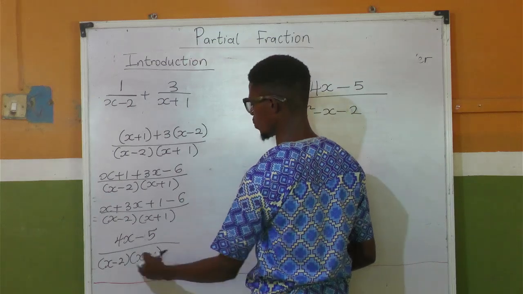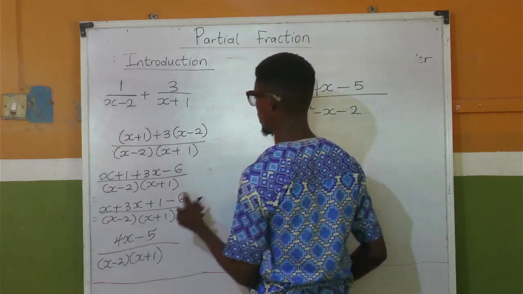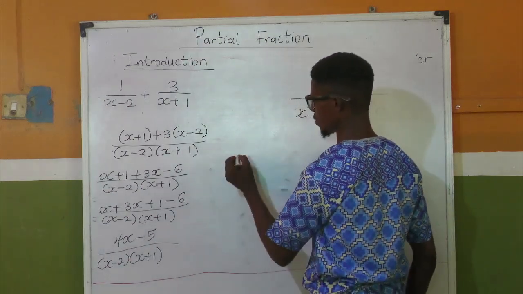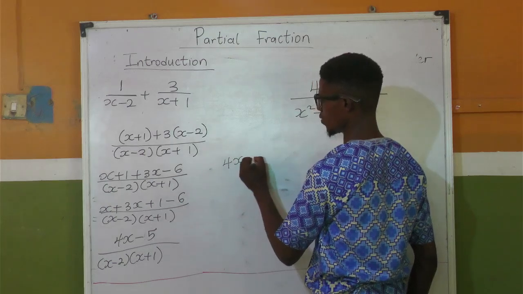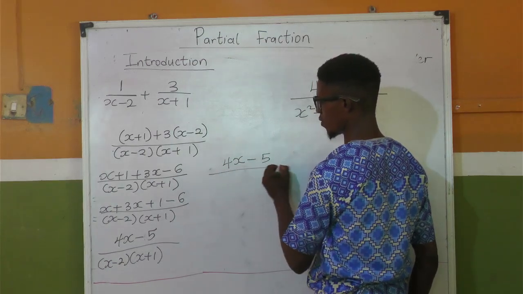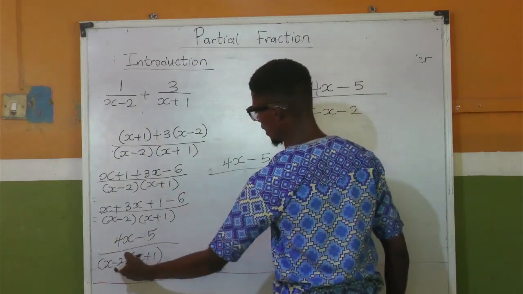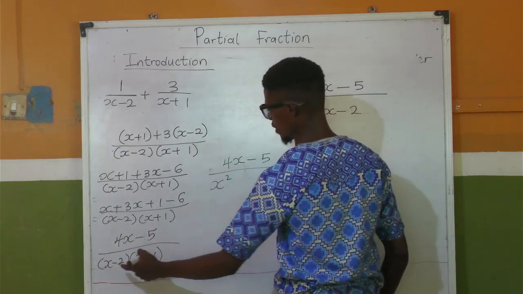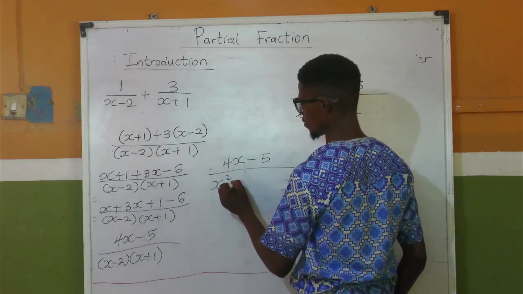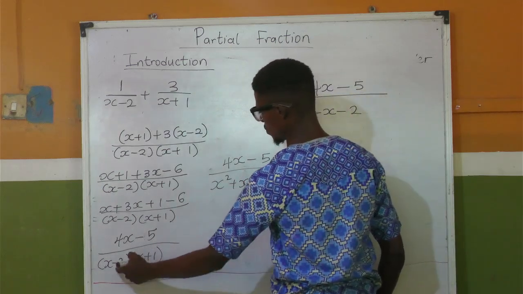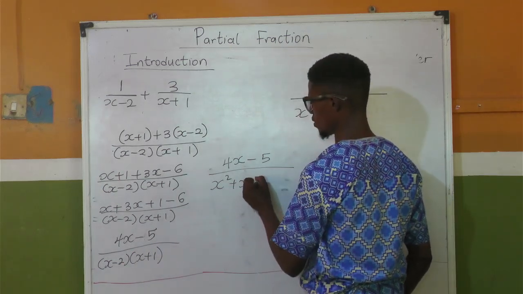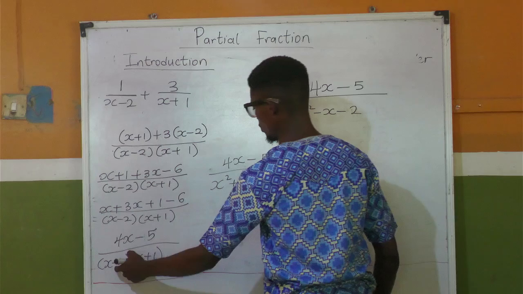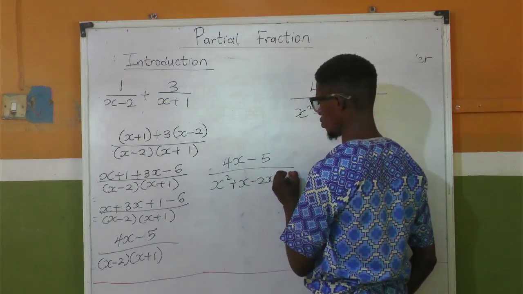Now let's expand the denominator here. We're going to multiply: x times x is x squared. x times 1 is x. This times this, that's minus 2x. And minus 2 times plus 1, that's minus 2.